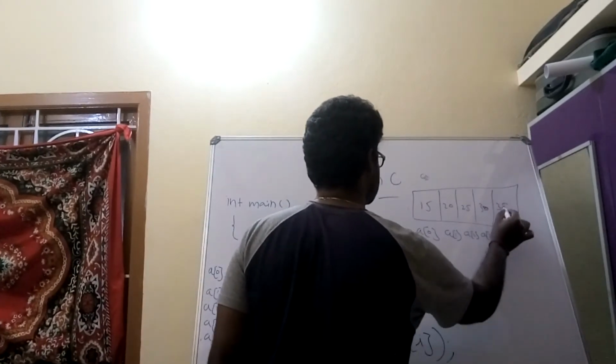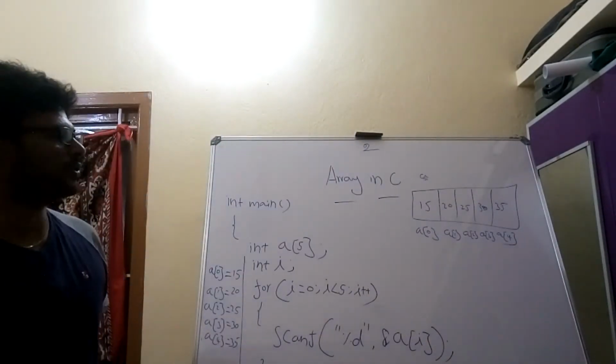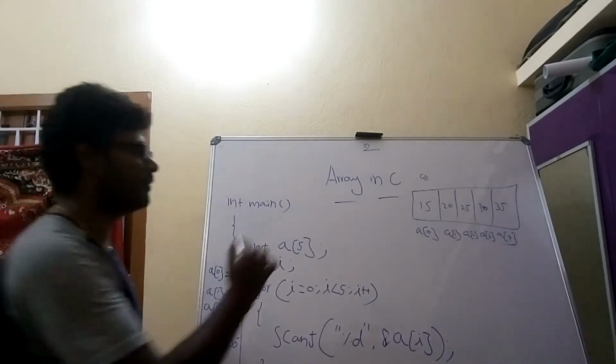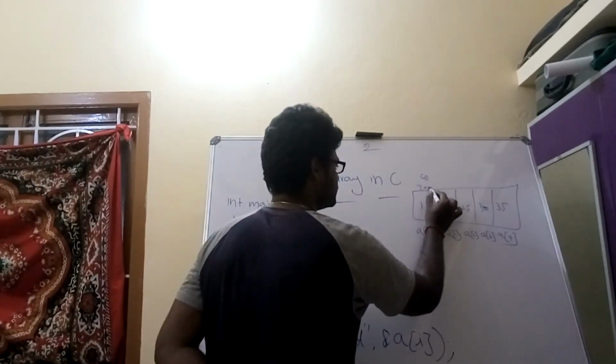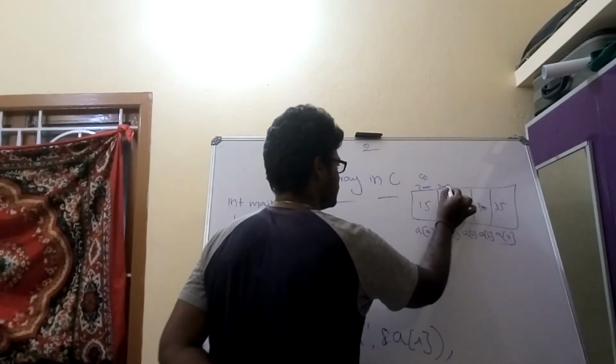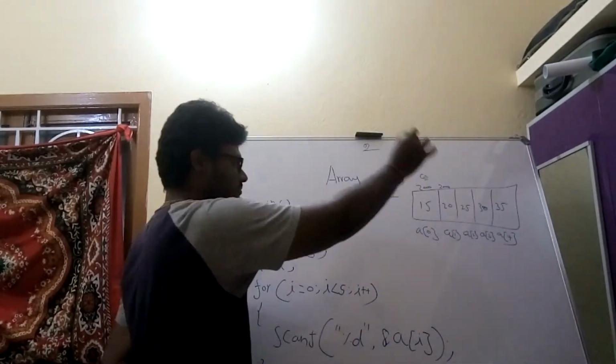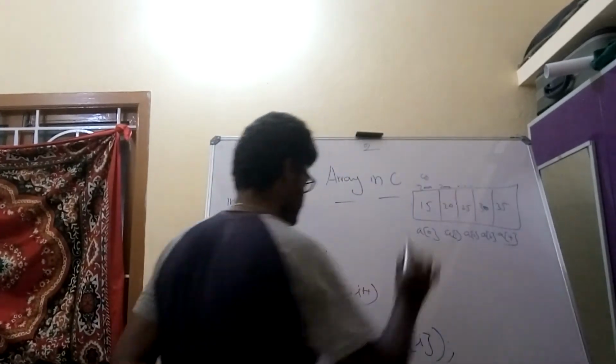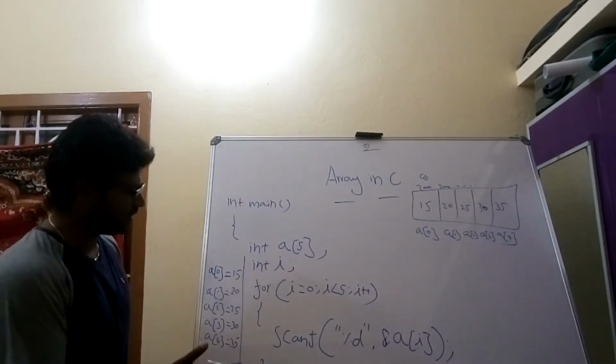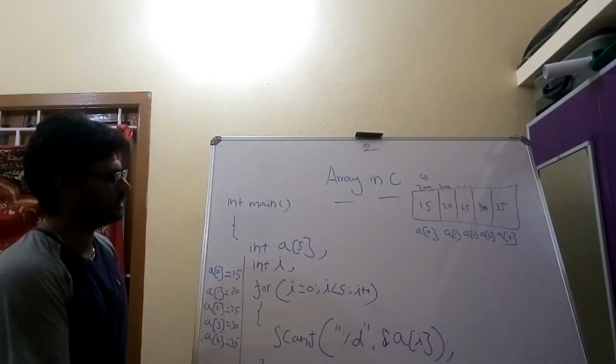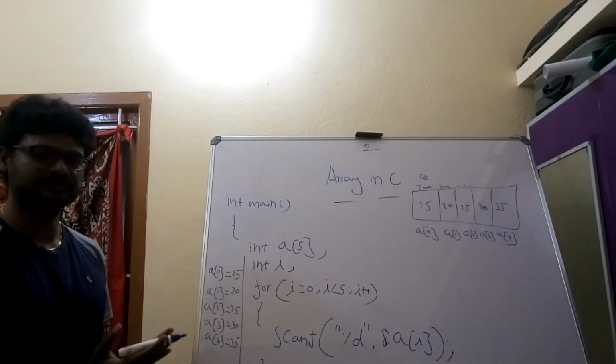Like this the elements are stored in an array. If we go with the address, 15 is stored at address 2000, then 2004, and so on. Okay, in this way we can get the elements for an array from the user.